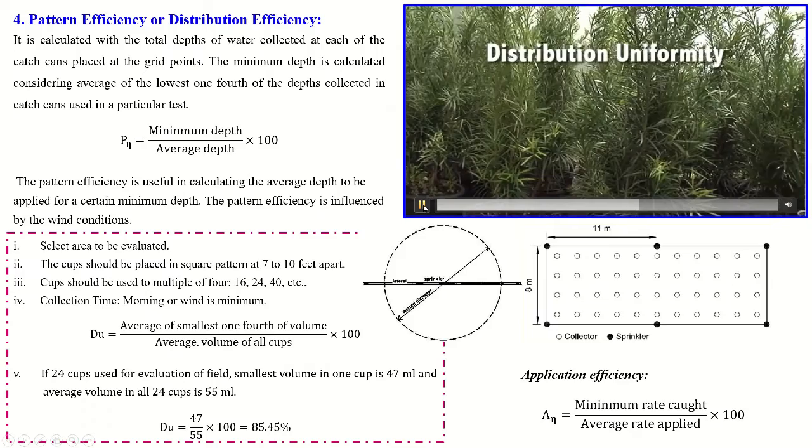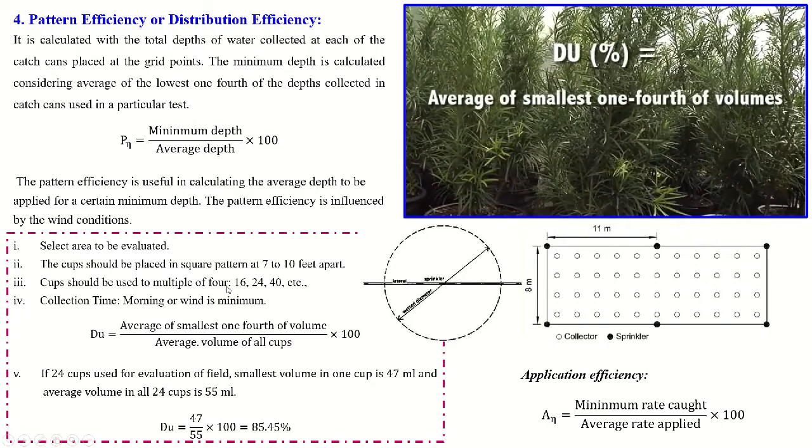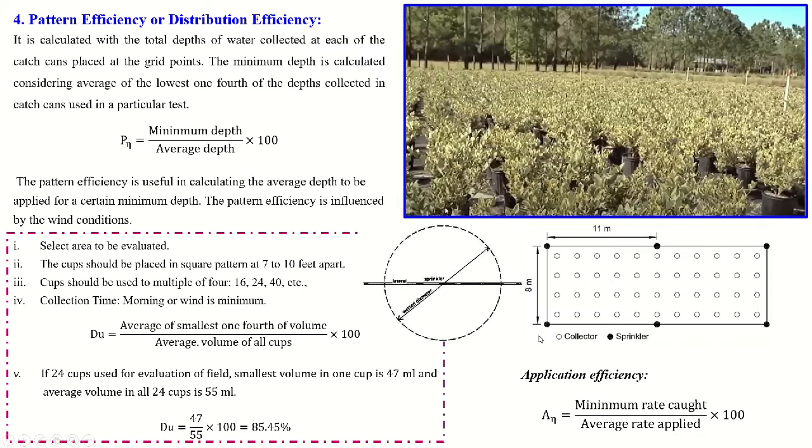Now the distribution uniformity is calculated by using the average of the smallest 1/4 of volume divided by the average volume of all cups, times 100. So if I take 24 cups, and one cup, say, collected 47 ml, and the average of these 24 cups is 55 ml.